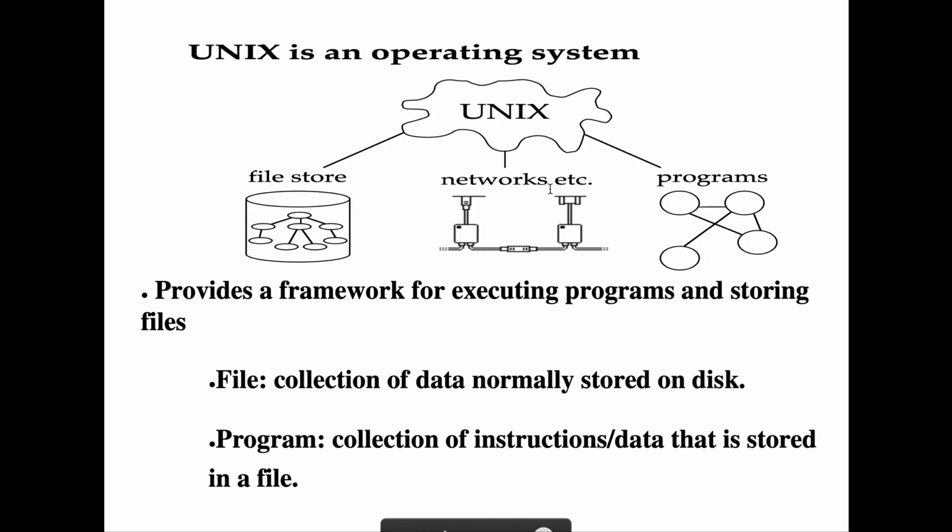So for example, you have Unix, you have a word processor, you have a web browser, or you want to store something, like you want to store a file or read a file. Everything will be supported by an operating system, not just Unix, but any other type of OS.